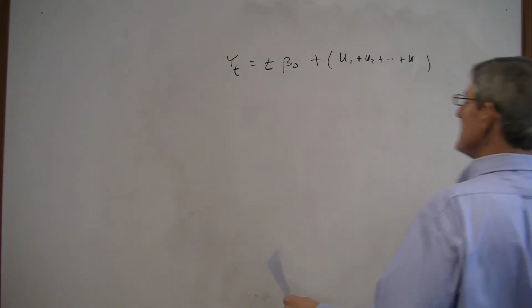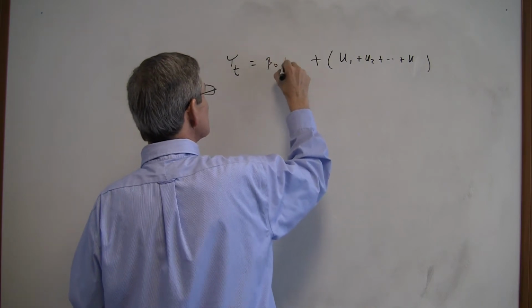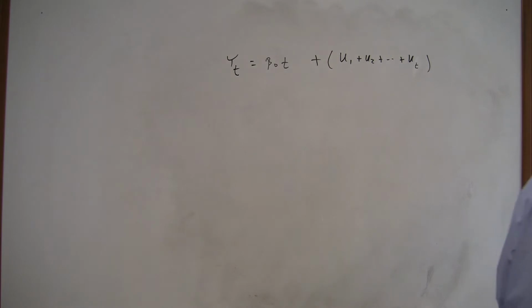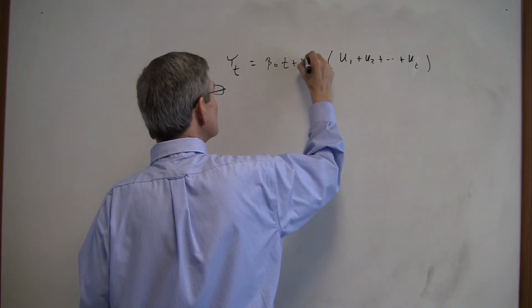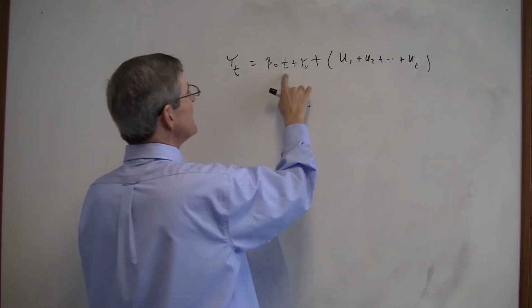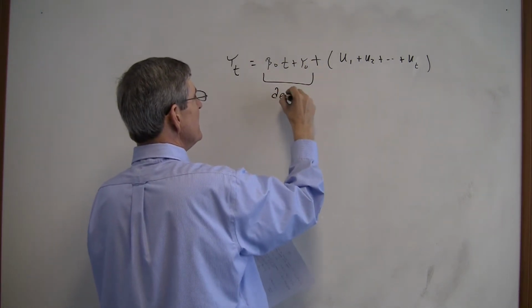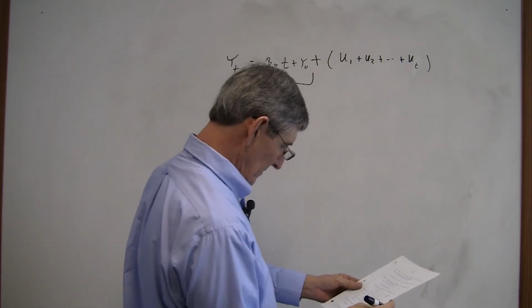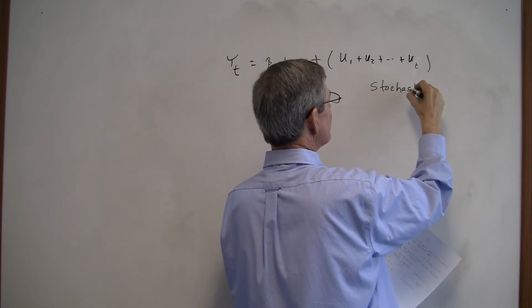Let me call this beta 0 t just to make it more like what we saw before. Beta 0 t plus y0 plus this. So this is a deterministic trend, and this is the stochastic, or the random part.